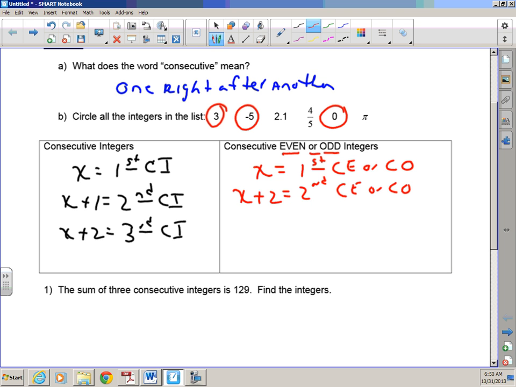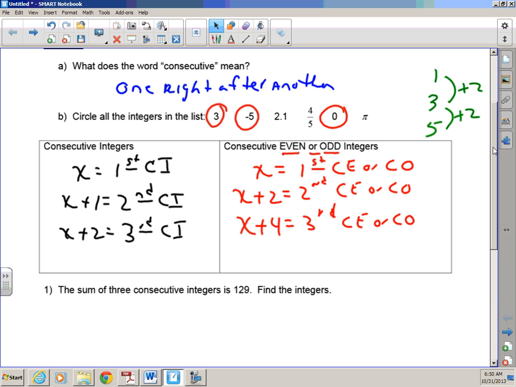The way I get you to think about it is if you gave me 3 consecutive odd numbers, 1, 3, 5, the way I go from one to the other is by adding 2. Do not confuse the interval of 2 with the fact that they're still odd numbers. So the third one would be x plus 4 as my third consecutive even or consecutive odd.